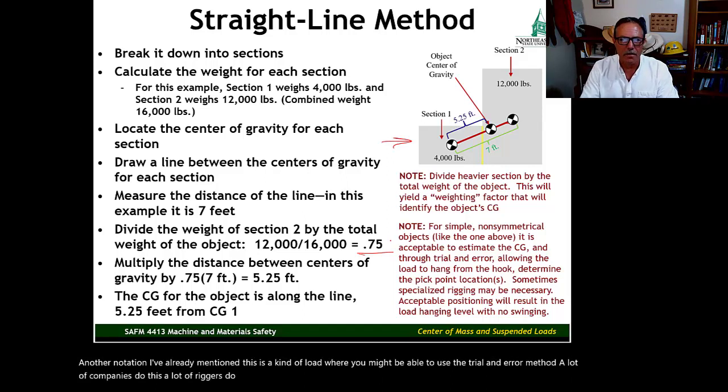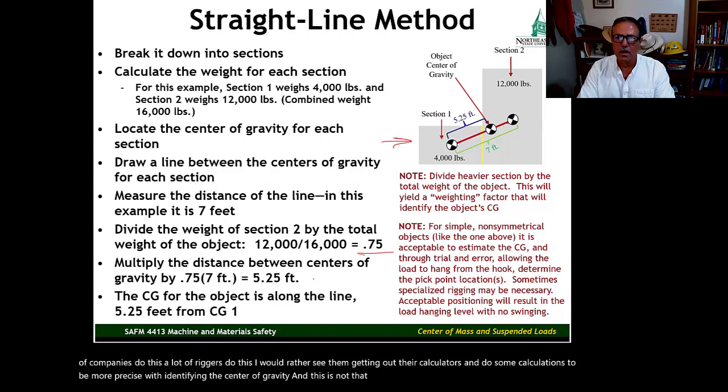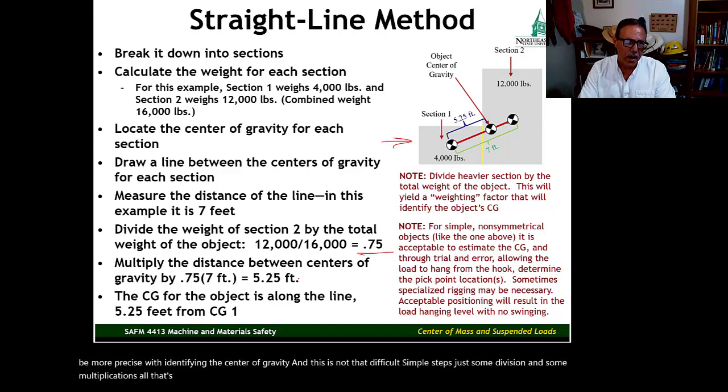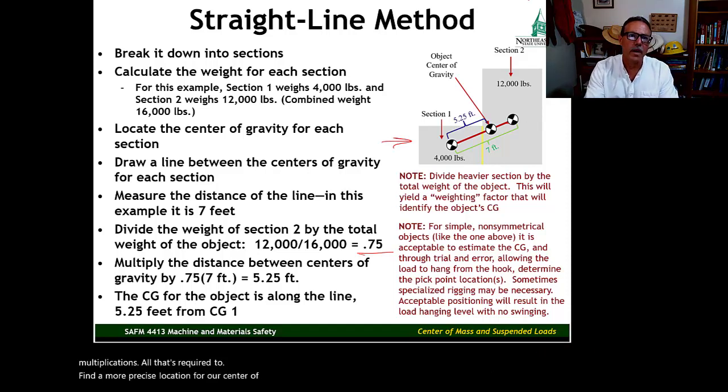I would rather see them getting out their calculators and doing some calculations to be more precise with identifying the center of gravity. Again, this is not that difficult. Simple steps, just some division and some multiplications, all that's required to find a more precise location for our center of gravity. Again, this is one example of the straight line method.